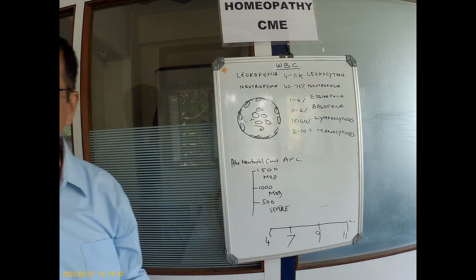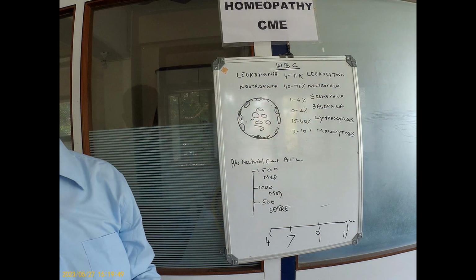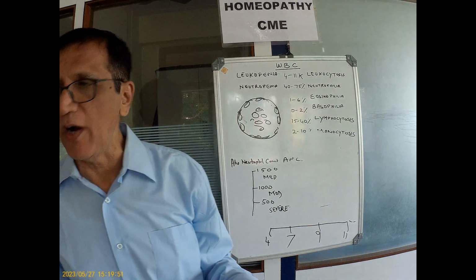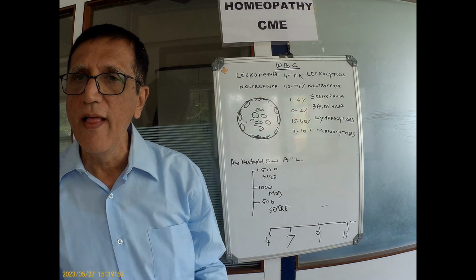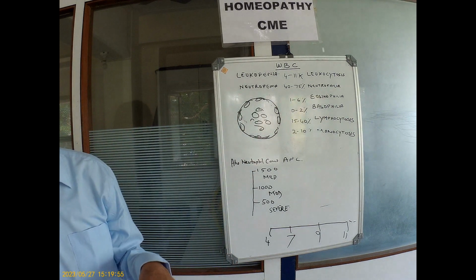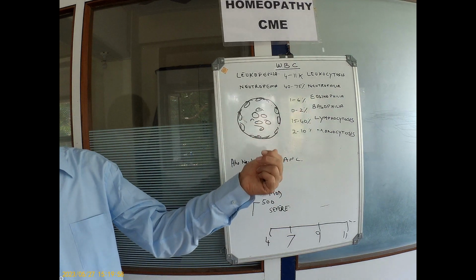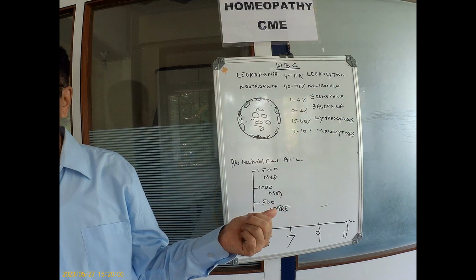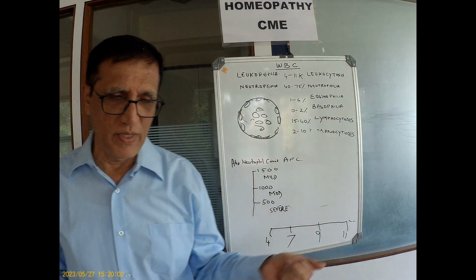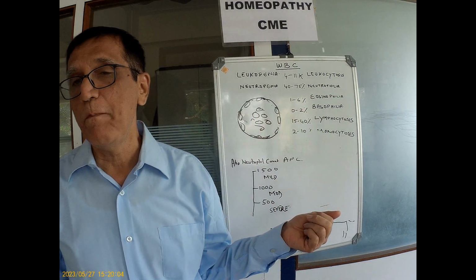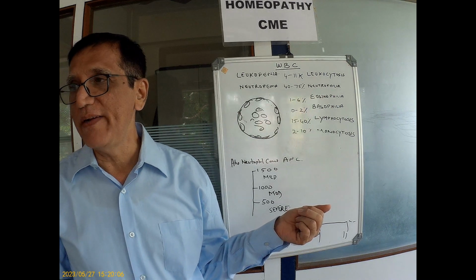So you have a clue that it is a septic, pathogenic, bacterial infection that you are probably dealing with. Okay. Now most of the labs, I do not know most, I know some labs, will say that banded neutrophils are seen.